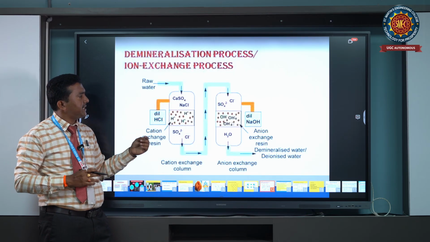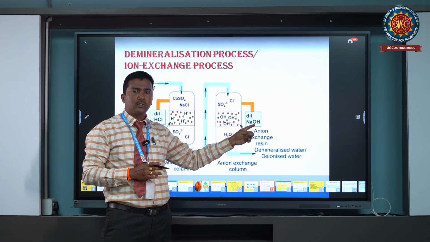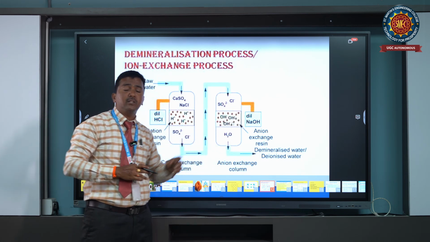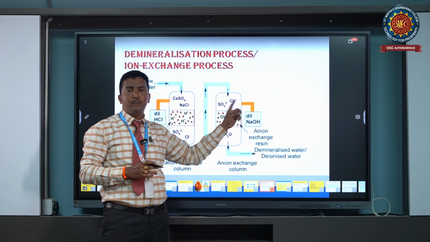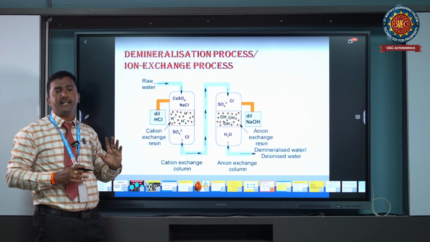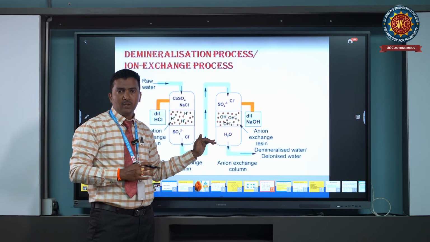Again it is activated. On the right side, we have to pass a solution through the anion exchange reagent. The OH ions are replaced and it forms ROH. It is continuously regenerated and again activated.